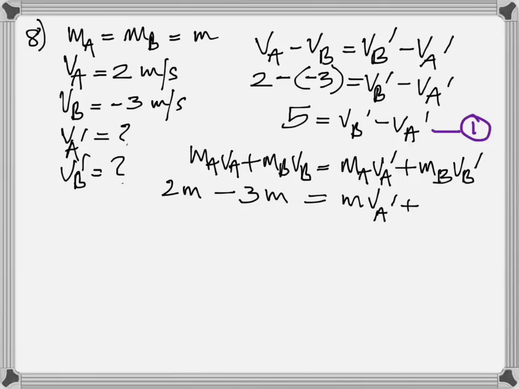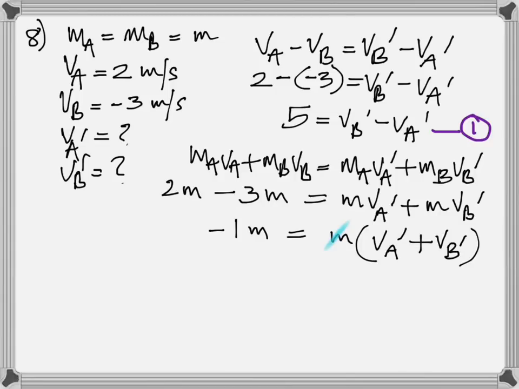So that gives us 2m minus 3m is equal to m times VA prime plus m times VB prime. So negative 1m is equal to that. Actually, the masses can be cancelled. That gives us equation 2.